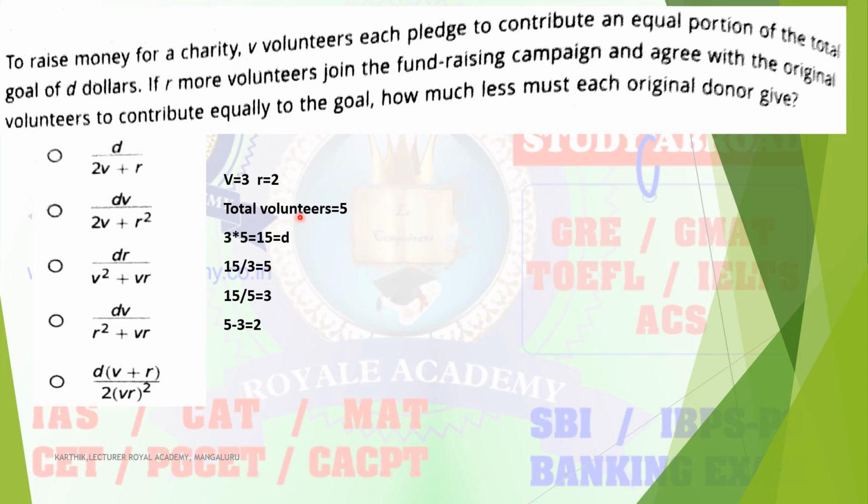If it is increased by 2, the total is 5 volunteers, and each member has to pay $3. Then take the difference of the original amount minus the new amount, 5 minus 3. How much money is saved? If the volunteers increase from 3 to 5, $2 is saved per person. That is your answer.